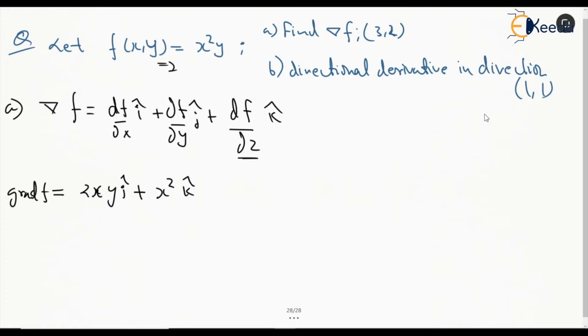Now we have to find this at the point 3 comma 2. So this grad f will simply become, putting x equal to 3 and y equal to 2, 2 into 3 into 2, which will be 12 i cap, and the second term only depends on x square, so 3 square, which will be 9 j cap.